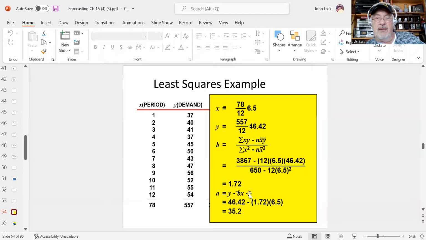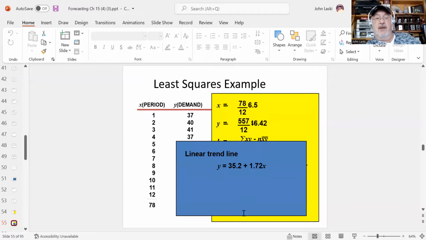Well, we already calculated y bar, 46.42. We've already calculated x bar, 6.5, and we just got done calculating beta, which is 1.72. So fill in the blanks, 46.42 minus 1.72 times 6.5, and we end up with an alpha, or intercept, of 35.2.